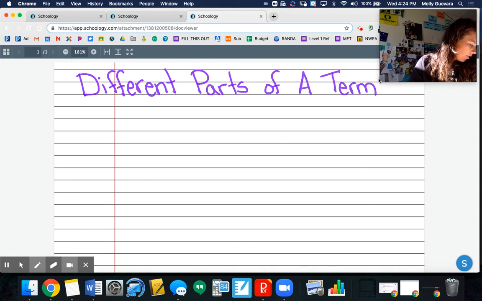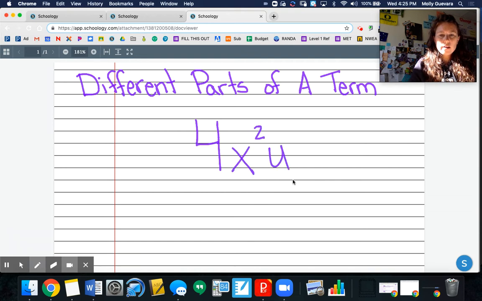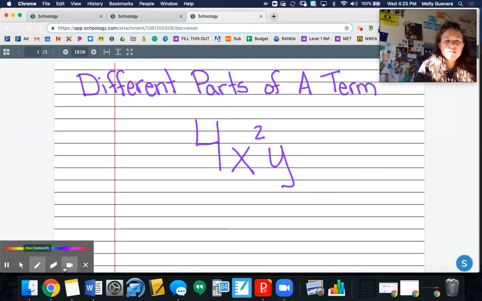So what are the different parts of a term? So I'm going to just write one of those terms from up above. So I'm going to write the 4x squared y. Okay, so that's just the term from up above in your notes. But I just want to go over some pieces of this guy.